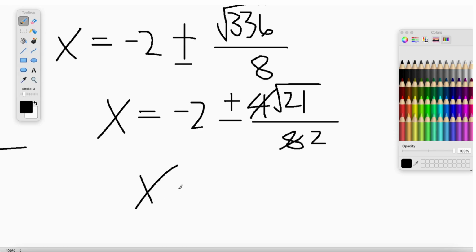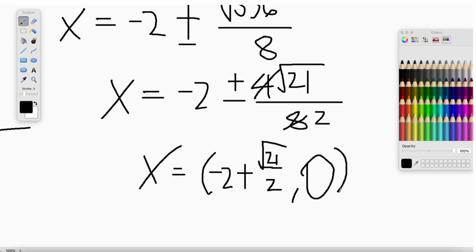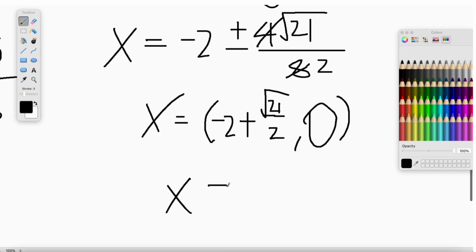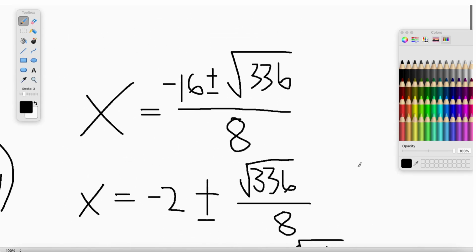And the solution of x is either negative 2 plus square root of 21 over 2, comma 0, or negative 2 minus square root of 21 over 2, comma 0. So that is how to use the quadratic formula.